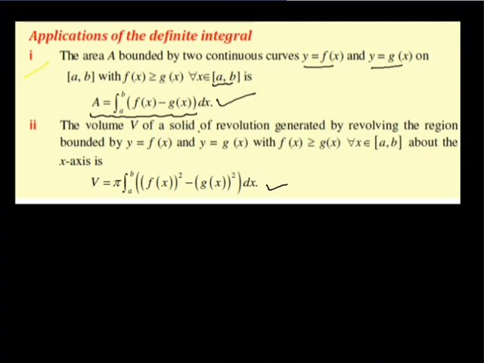So the volume V of a solid of revolution generated by revolving the region bounded by f and g, where f is greater than or equal to g for every x in a certain closed interval [a, b]. If we have such conditions, the volume of a solid can be calculated by this formula. You need to have these formulas to understand the problems that I have next. So let's see the problems.